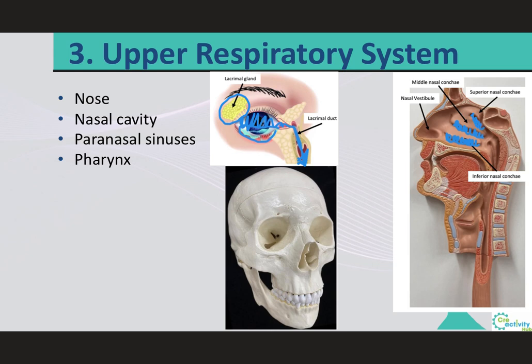Therefore, we can say that filtration, warming, and humidification of the inhaled air occurs throughout the conducting portions of the respiratory system, but the greatest changes occur within the nasal cavity, and this is because of the presence of these nasal conchae.